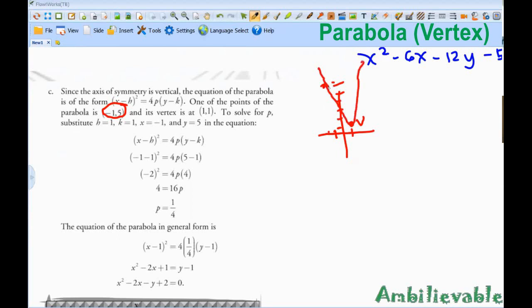It passes through there, and its vertex is at (1, 1). So to solve for P, let us now have our equation. It is (x - h)² = 4p(y - k).